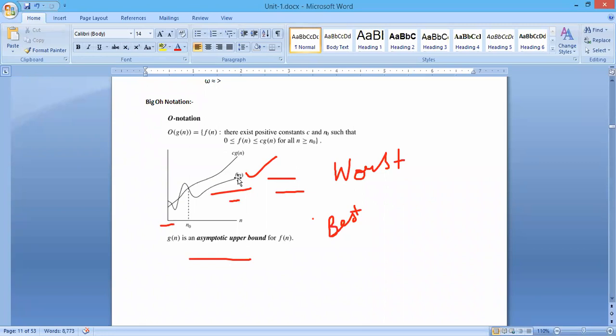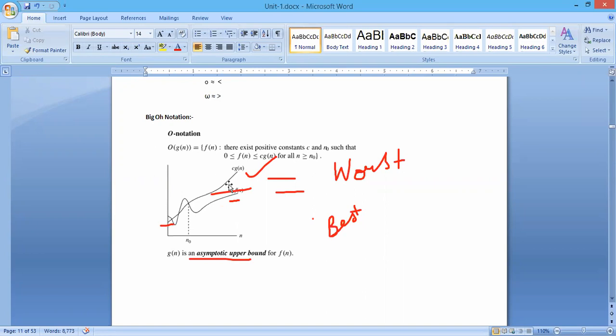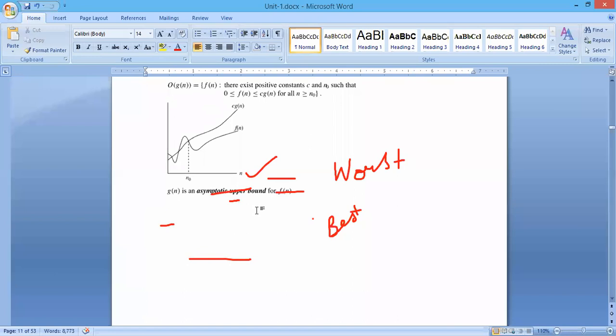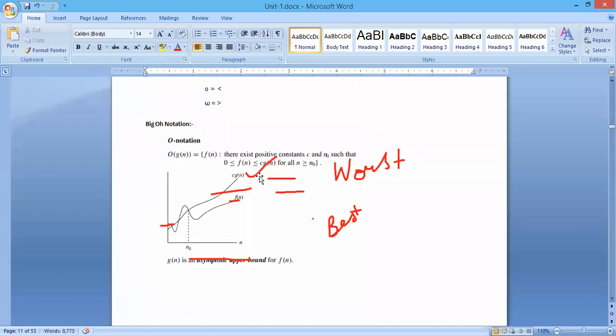This is the function f(n). If this is equal to this c·g(n), this is a case where both create the same value, both become equal at a certain value. That becomes the worst case, or we can say f(n) less than or equal to c·g(n).